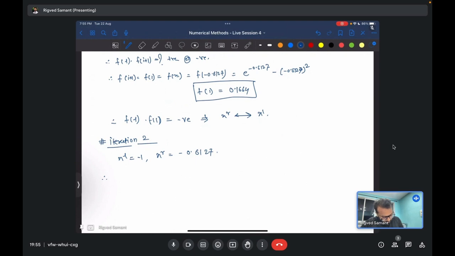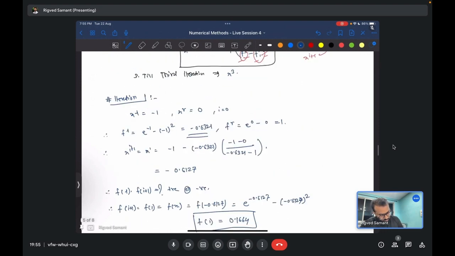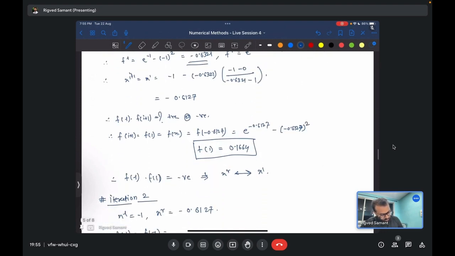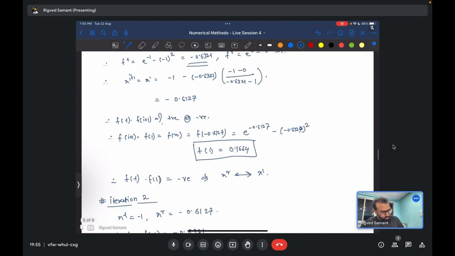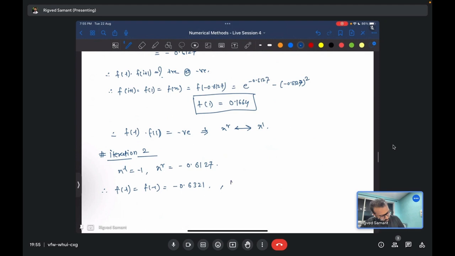First we will find out fL, that is f of minus 1, it will be the same, minus 0.6321. fR is f of minus 0.6127, right? e raised to minus 0.6127 minus what you have calculated here.